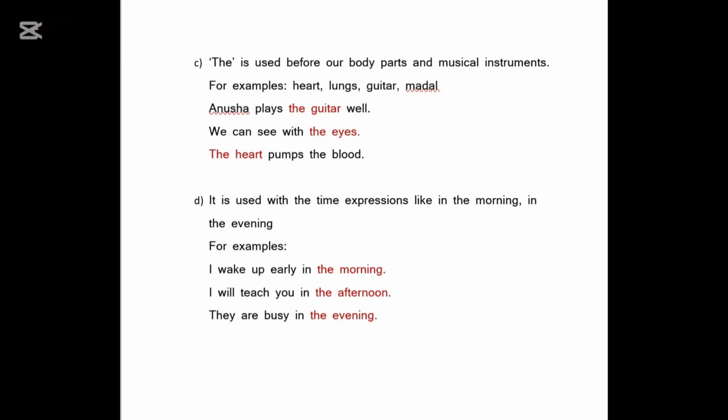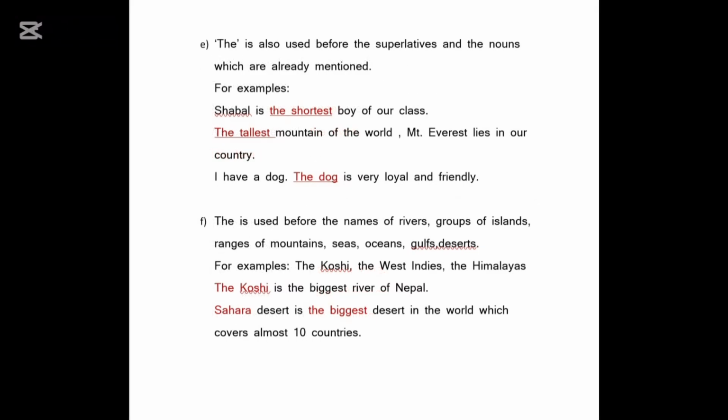The can also be used with abbreviated words or geographical names like the UK, the USA, the Netherlands, the Philippines. So those names also can be used. Next, point E, I've just talked about it. Before superlatives, we also use the article the when comparing one among many.